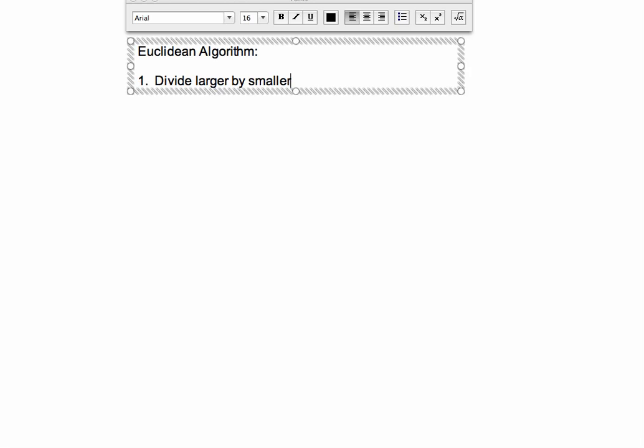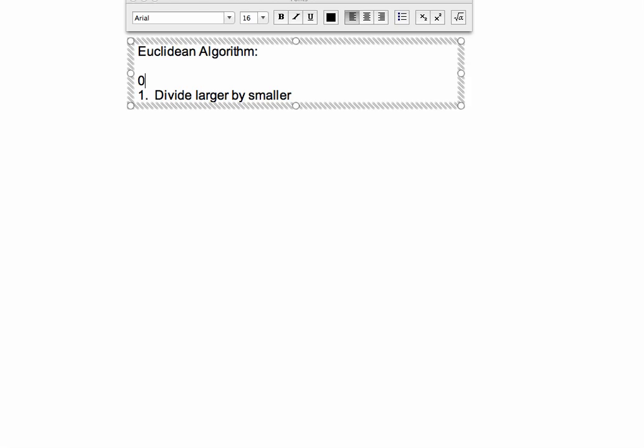Well, I'm sorry, step 0. Let's start with that. Step 0, check to see if the numbers are equal. If yes, GCD equals the numbers, else continue.